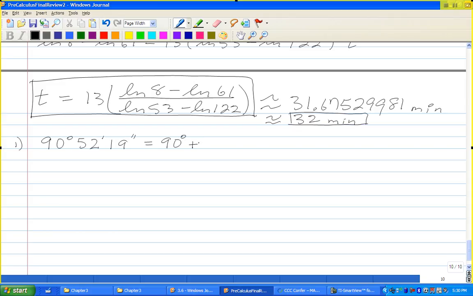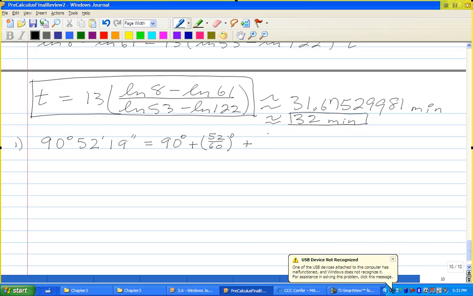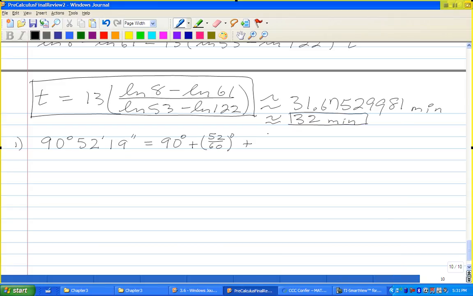So there are 60 seconds in a minute, and 60 minutes in a degree. And so 52 minutes is 52/60 of a degree.